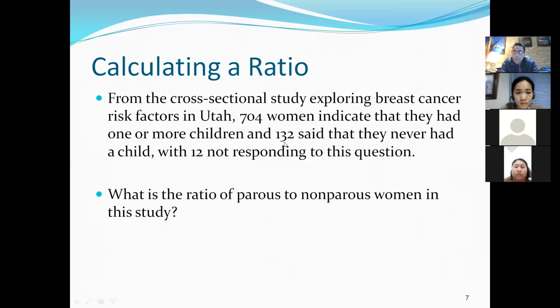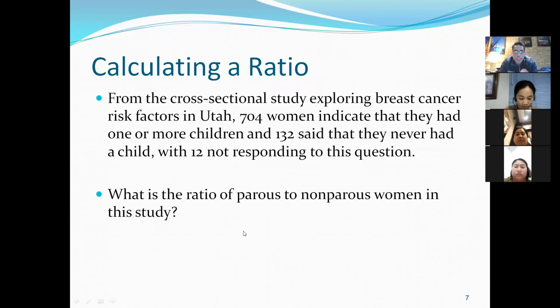So 704 divided by 132 equals 5.33. How do we interpret the 5.33? Because it's a high number, it's more than 1. It's more than a 1:1 ratio.